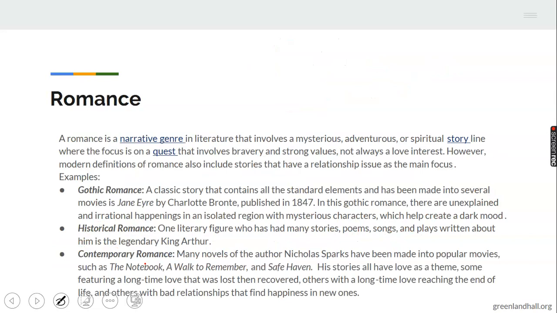Then for romance, romance is not the so-called romance that students are used to these days. We have romance in three forms. We have the Gothic romance, which is a classical story that contains all standard elements. It has existed as long as the 18th century, where they discuss dark mood and mysterious things of old.